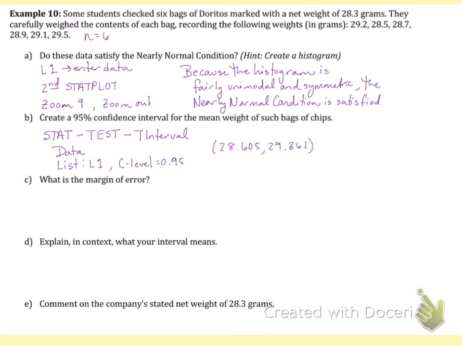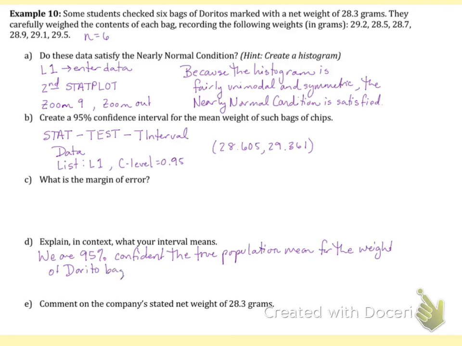This is saying that we are 95% confident that the true population mean for the weight of the Dorito bags is between 28.6 and 29.4 grams.